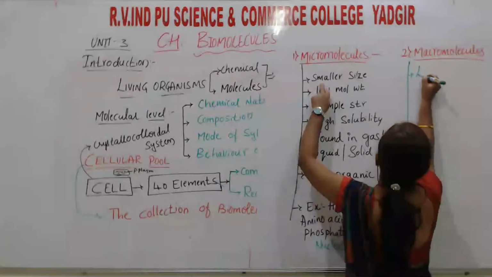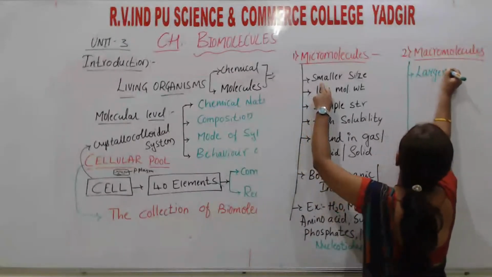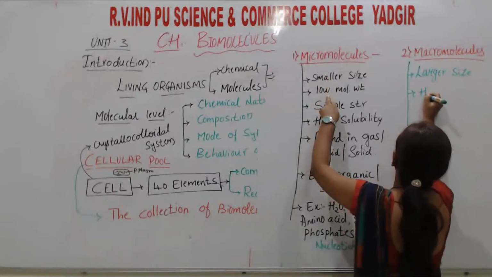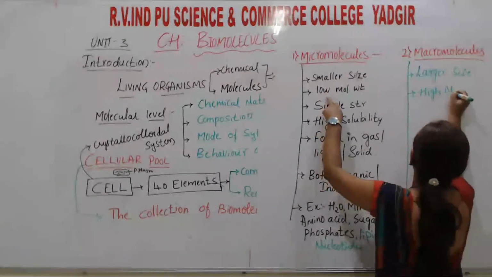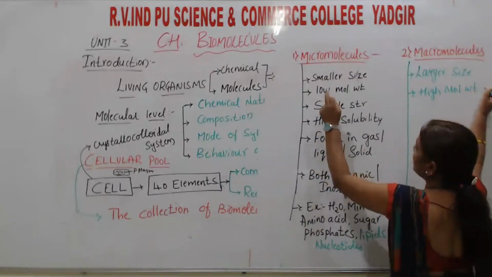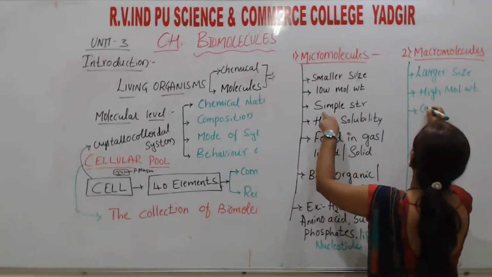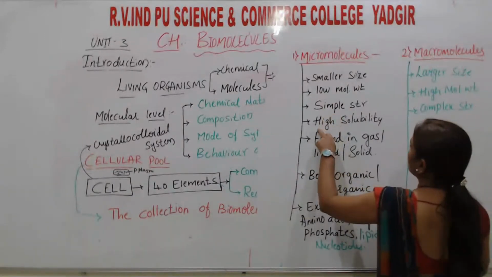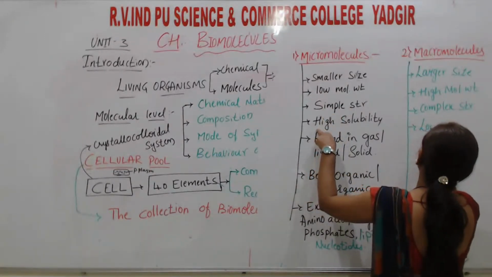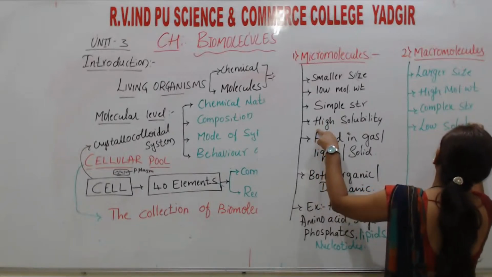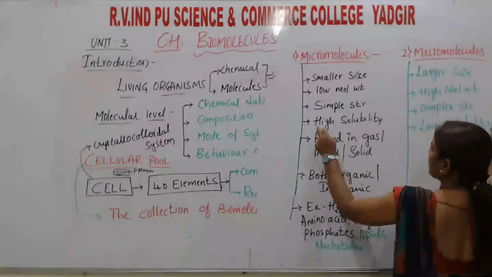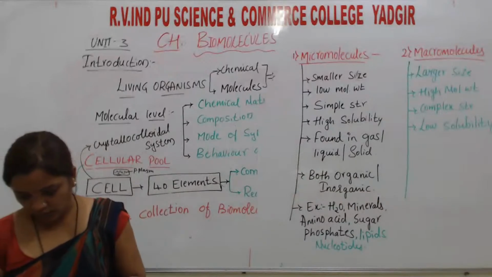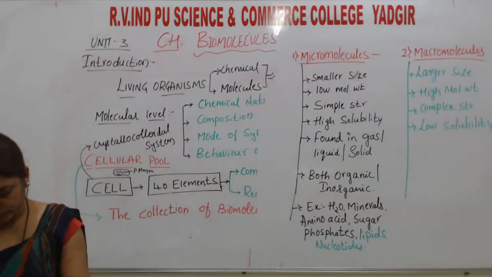Micromolecules have low molecular weight, here high molecular weight. Micromolecules are simple, but here it is a complex structure. Micromolecules have high solubility, but macromolecules have low solubility.